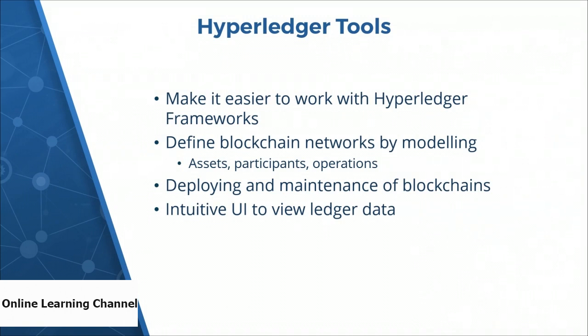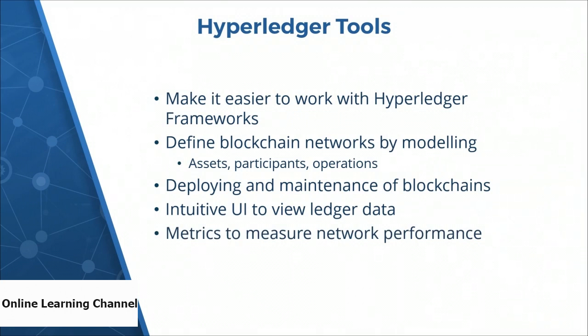And a tool such as Hyperledger Caliper allows you to measure the performance of your blockchain network through various metrics, which include the throughput of the network, transaction latency, as well as overall resource utilization.